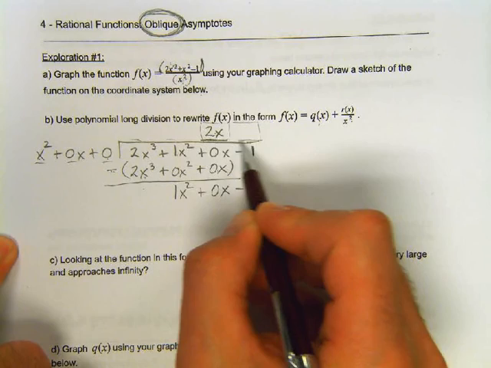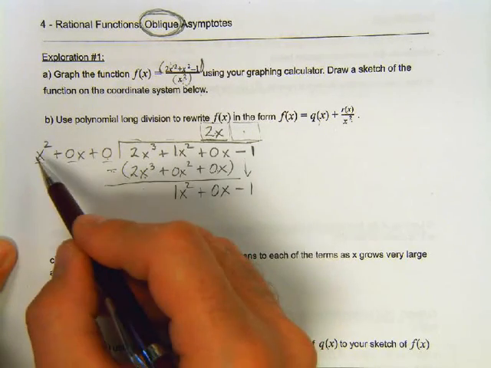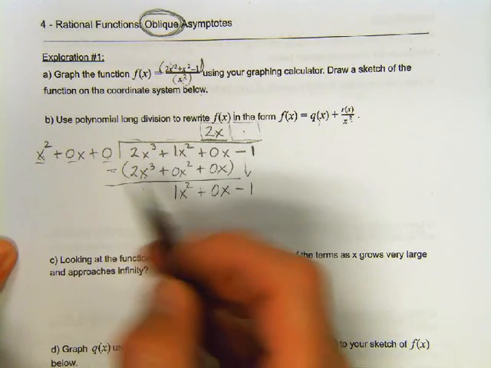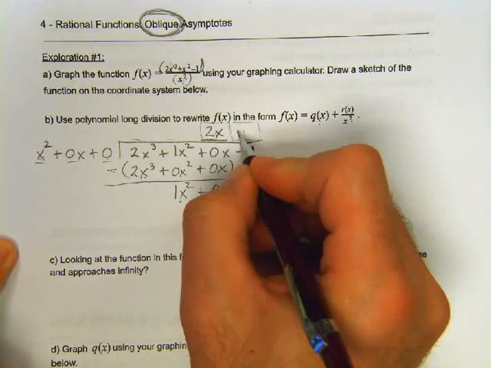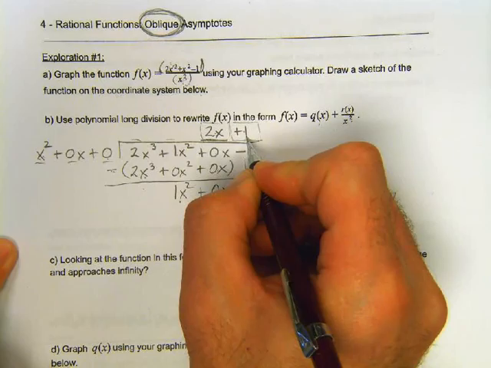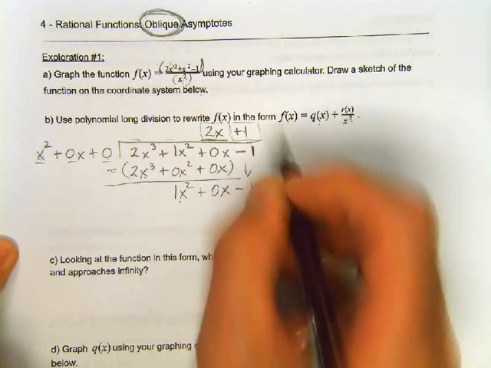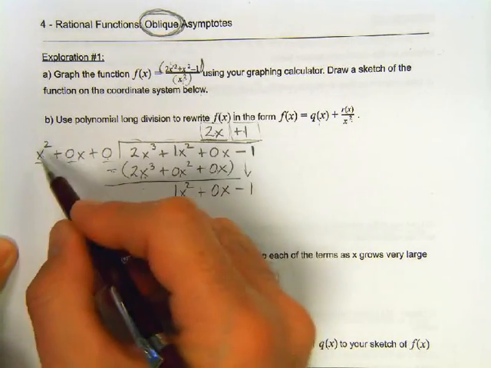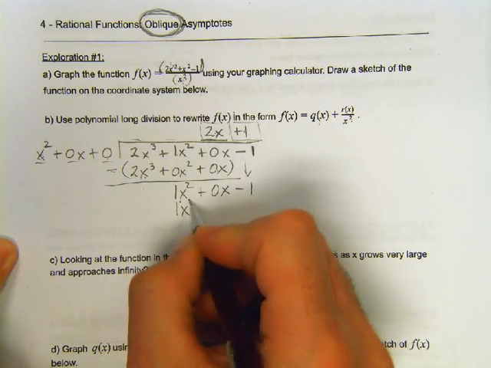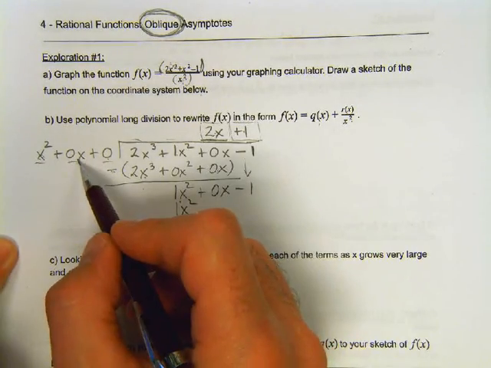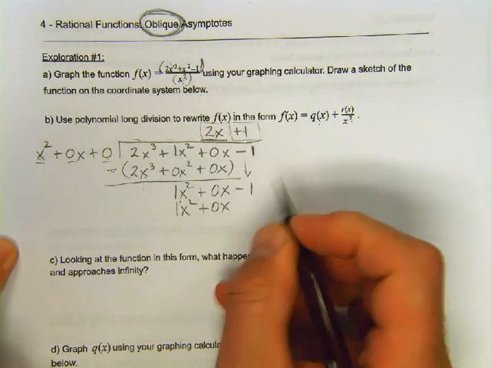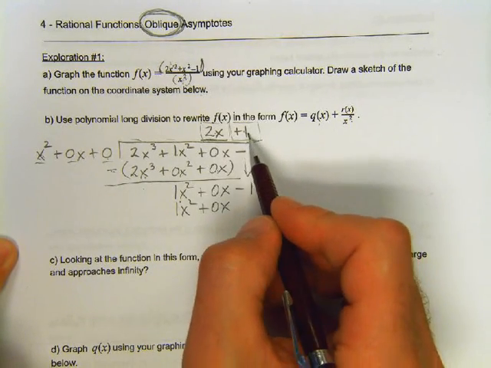And now we have to ask ourselves, what do we have to multiply times x squared to equal 1x squared? Positive 1. 1 times x squared is 1x squared. 1 times 0x is 0x.